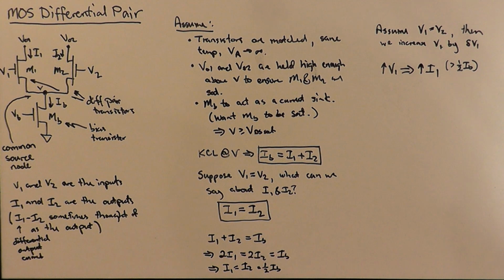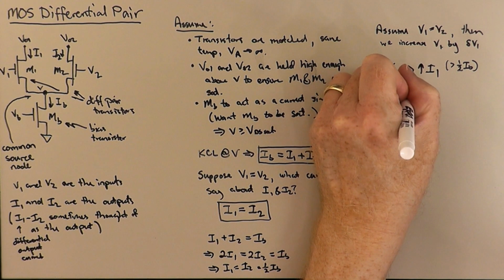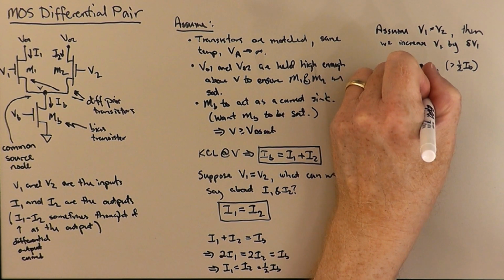So what happens? Well, we have more current than IB flowing onto common source node V. So I1 plus I2 is greater than IB.